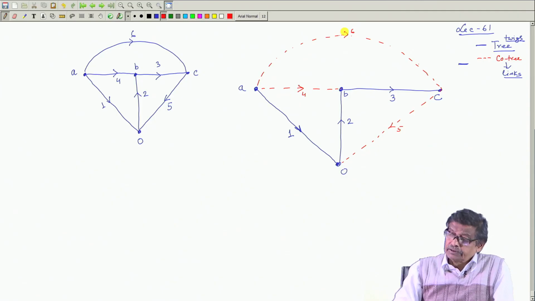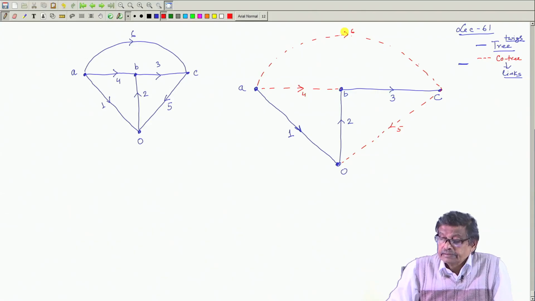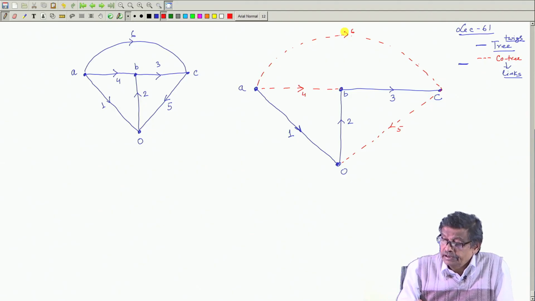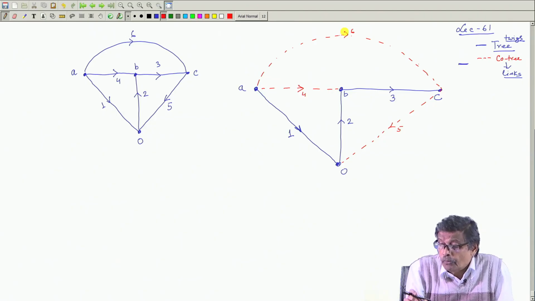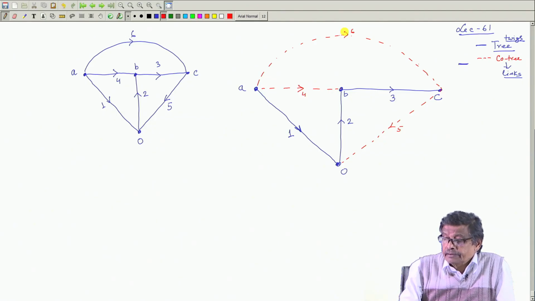Now, what we plan to do is this: after I have drawn the links, we will write down the KVL equation of the loops which will be formed when you put one link at a time, and then write down the KVL equation there.